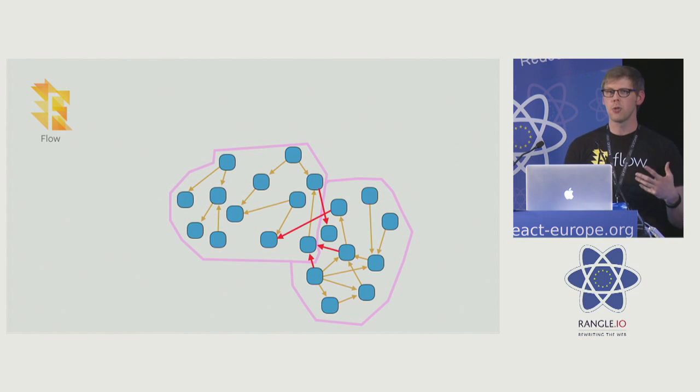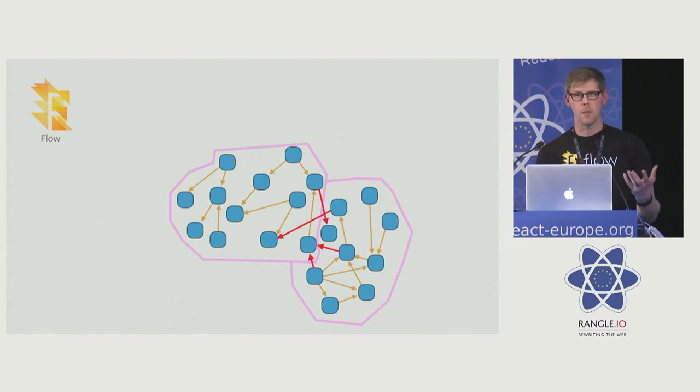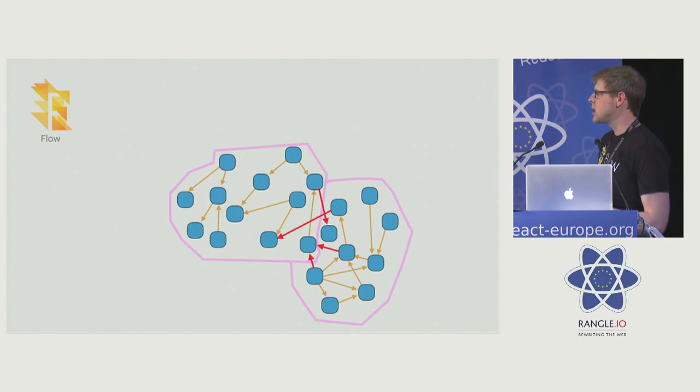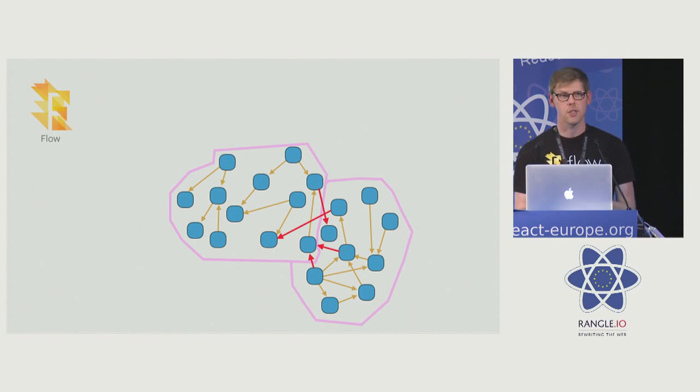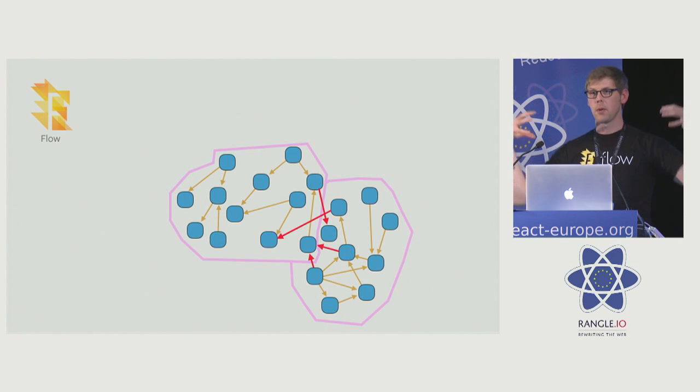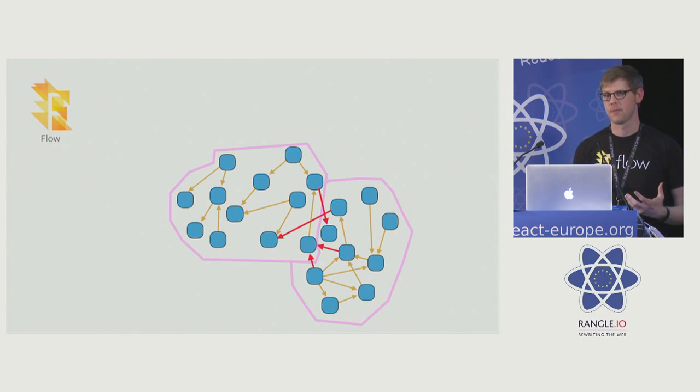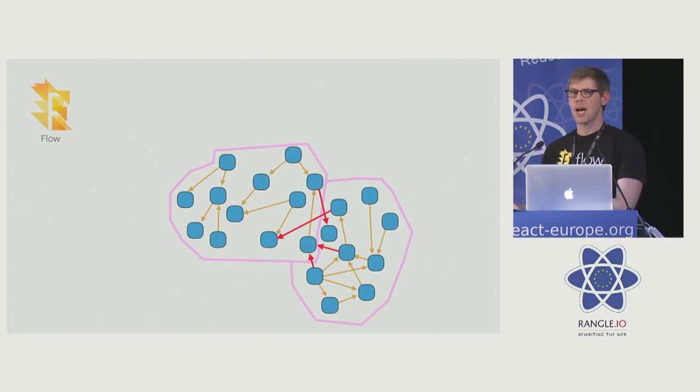Well, if these two modules are connected to each other, how do we run them in parallel? Because they're dependent on each other, right? Well, it turns out we've already seen a mechanism that allows us to break these two chunks of the flow graph apart. OpenT. Remember, OpenT represents types that we don't know yet, but we will figure out later.